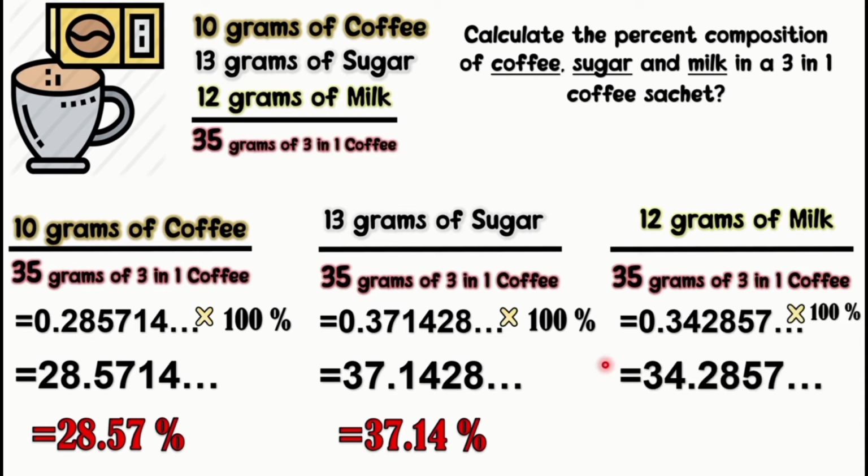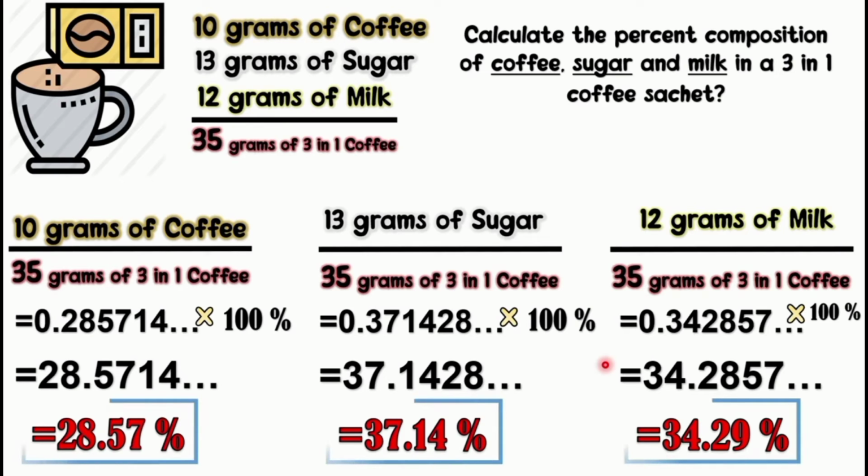Now, you need to add up all the products of the different ingredients. So you need to add 28.57% plus 37.14% plus 34.29%. So the total is 100%.